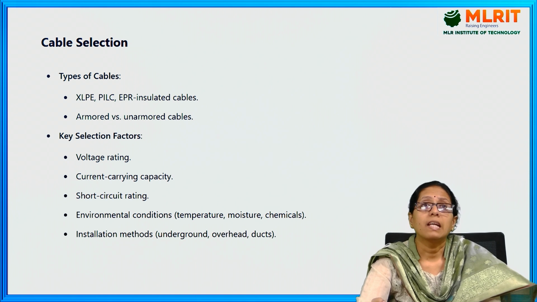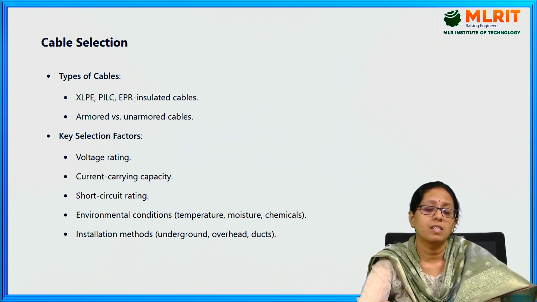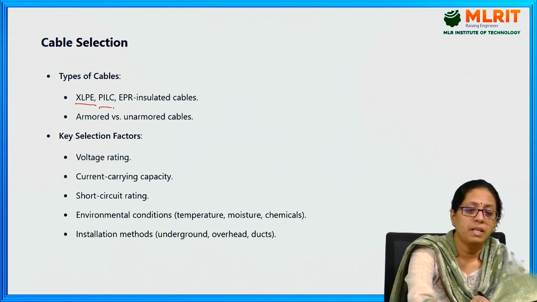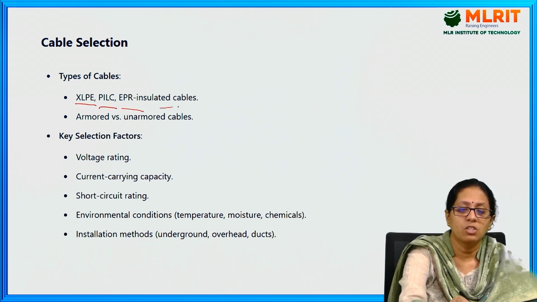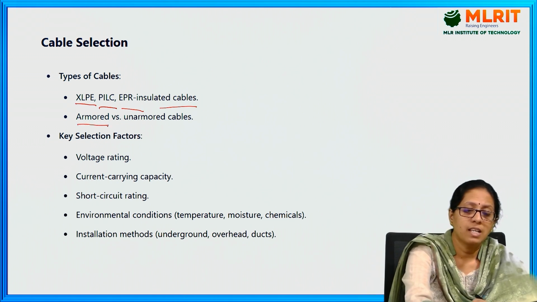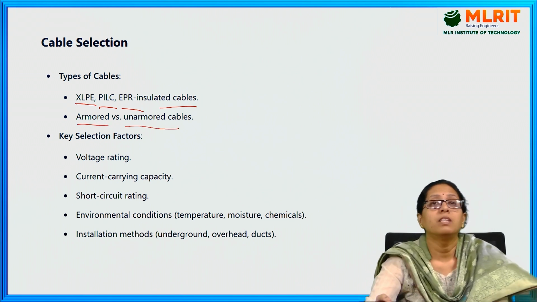Next one is cable selection. There are different types of cables here, that is XLPE, PILC and EPR insulated cables. And the second category is armored or unarmored cables.